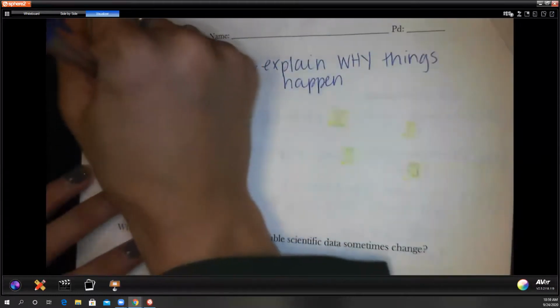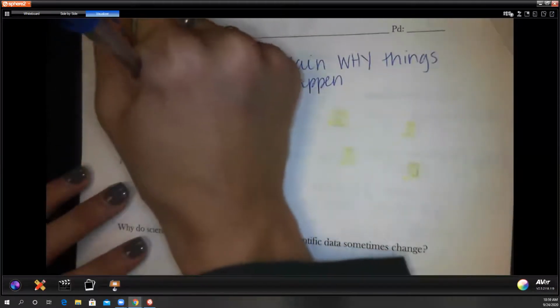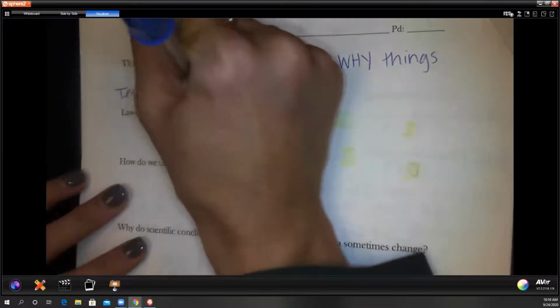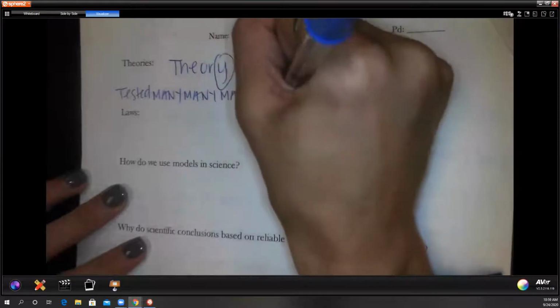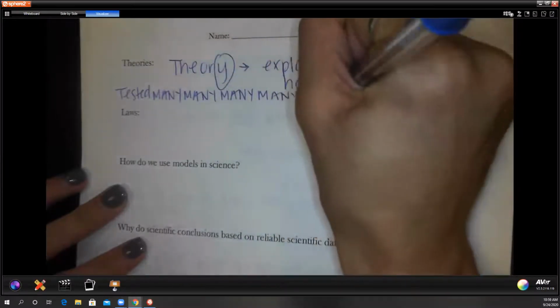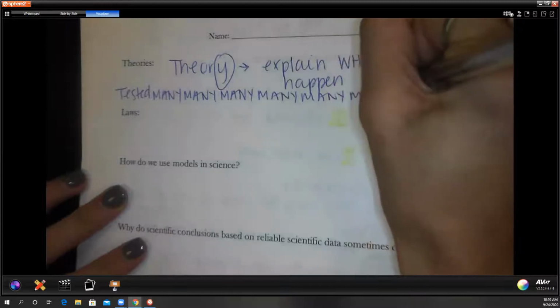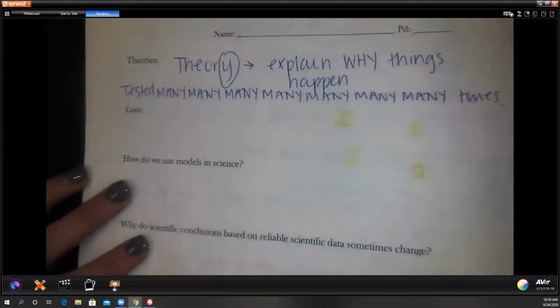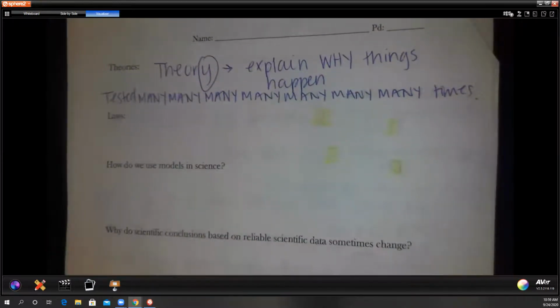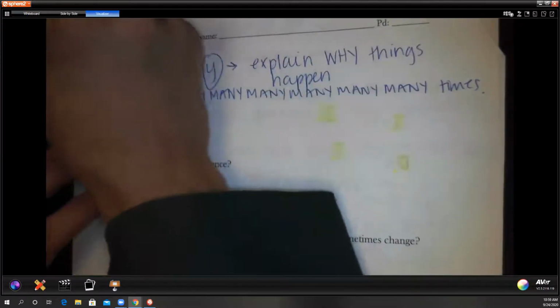They are tested many, many times. Otherwise, we don't know. We need to make sure that they are consistently true. But they can change.